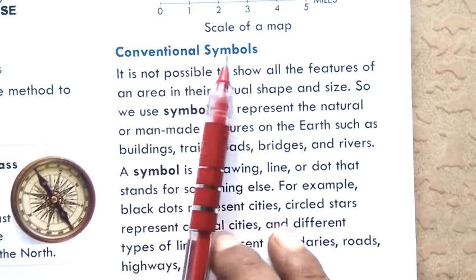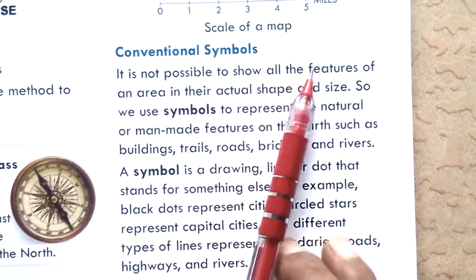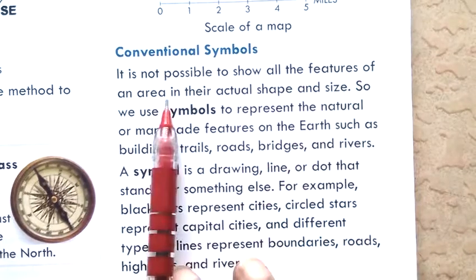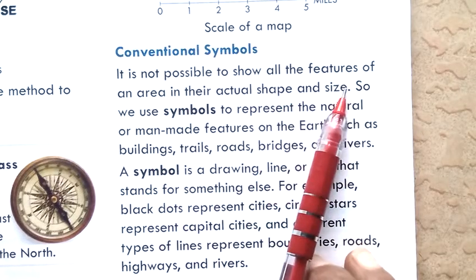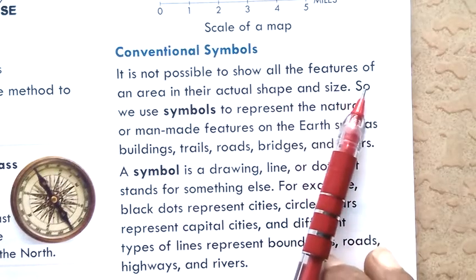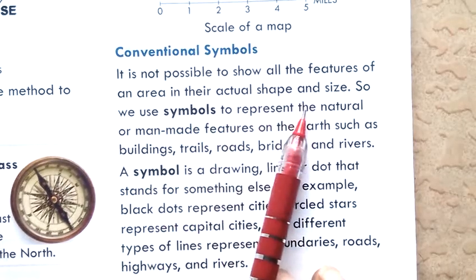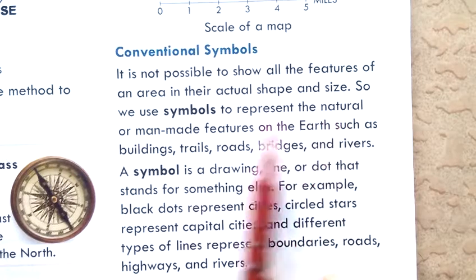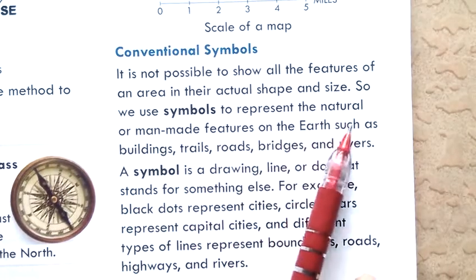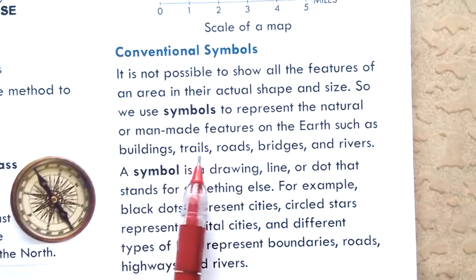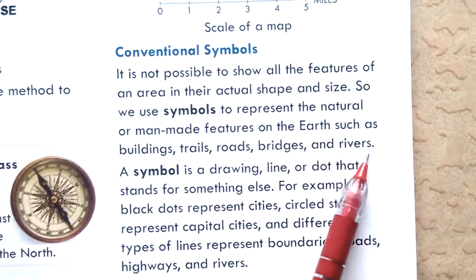Conventional symbols. It is not possible to show all the features of an area in their actual shape and size. So, we use symbols to represent the natural or man-made features on the earth such as buildings, trails, roads, bridges and rivers.